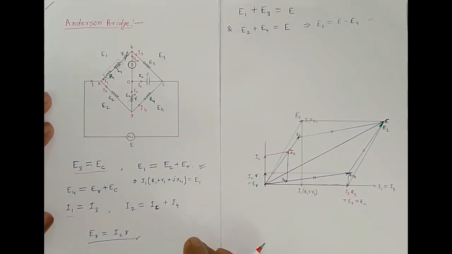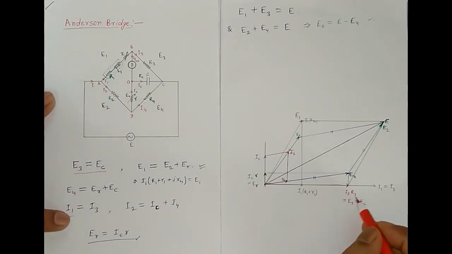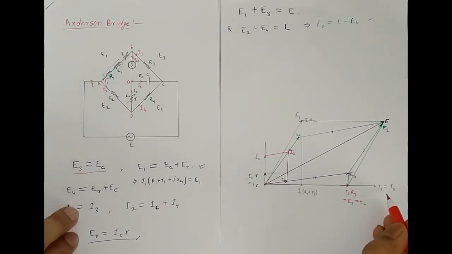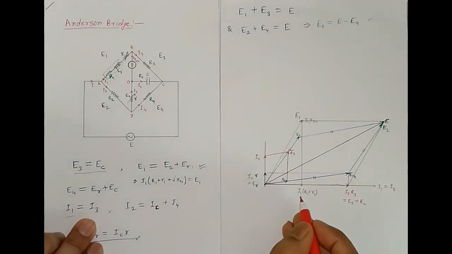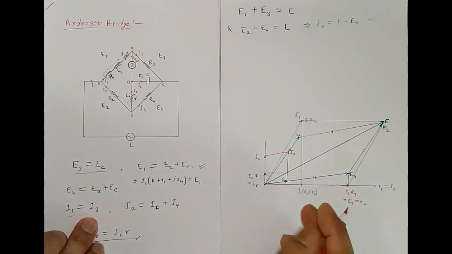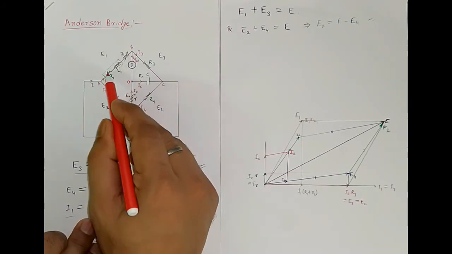Again I am repeating the whole steps. First of all, I have drawn a current, that means I1 that is equal to I3. I have drawn the I1 line and I3 line. Due to this known direction of I1, we can draw the voltage drop across this resistance and this inductance.